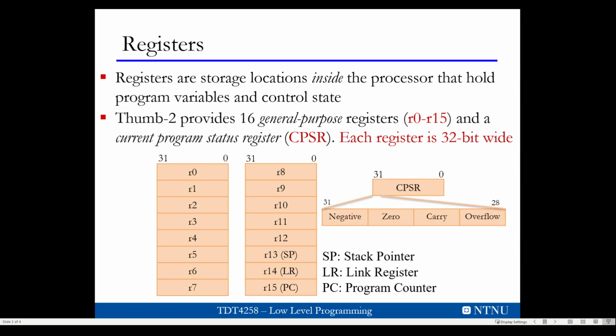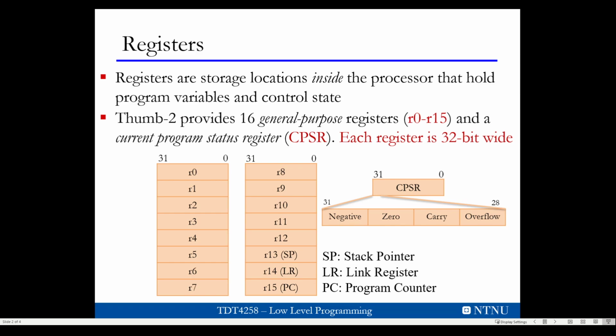The current program status register holds some status flags. The most commonly used four are shown over here. They are negative, zero, carry, and overflow flags. The negative flag shows if the result of a computation that we just did was negative. If it is 1, then the last computation produced a negative result, otherwise it was positive.